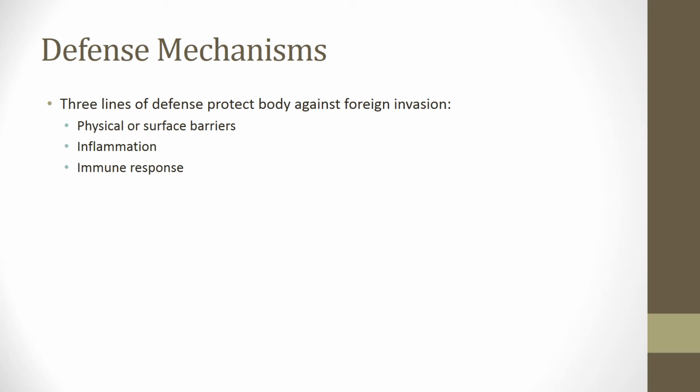This begins with a vascular response within seconds after the physical barrier is broken. And this is an unspecific process, and it follows exactly the same pattern regardless of what happened.